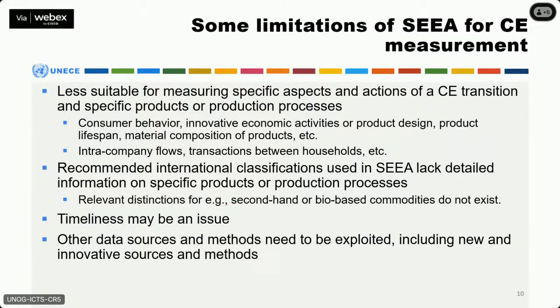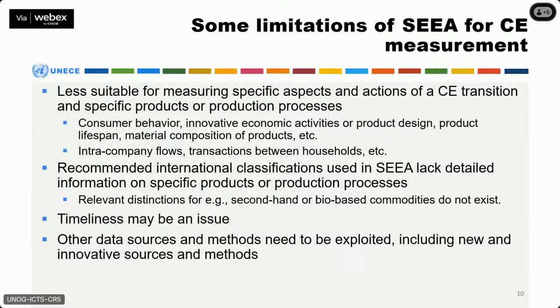There are some specific aspects and dimensions of circular economy that are not that well measurable, for example, specific products or production processes, consumer behavior, innovative economic activities, and product lifespan. It's a lot due to the national accounts framework, but there are also flows like intra-company flows or transactions between households that are not that well distinguishable from our accounts.